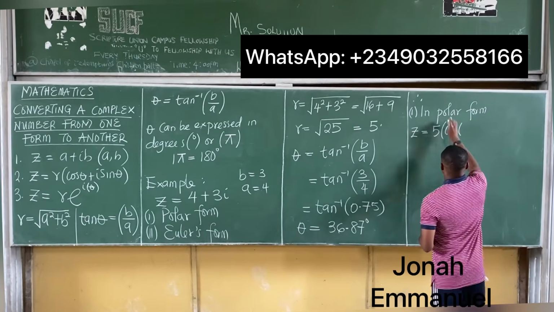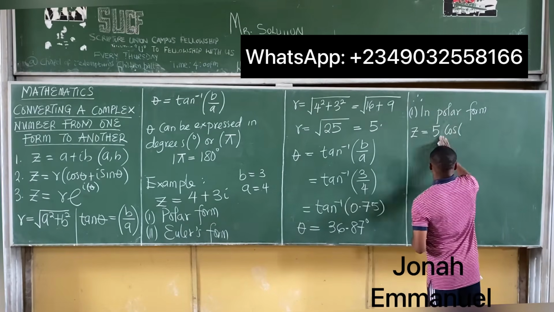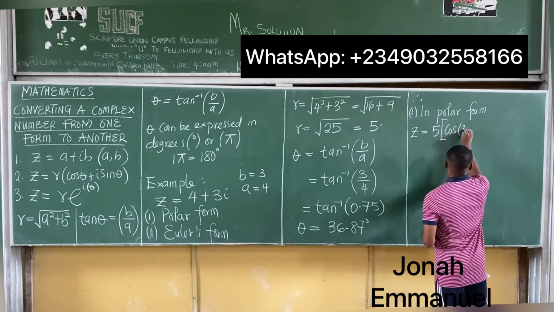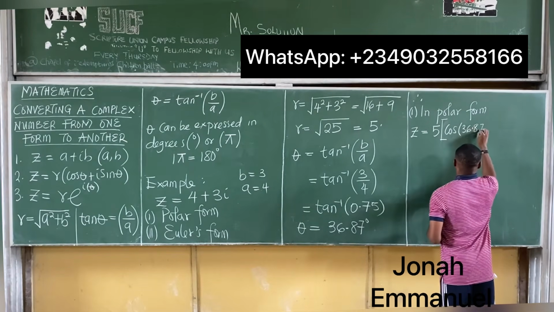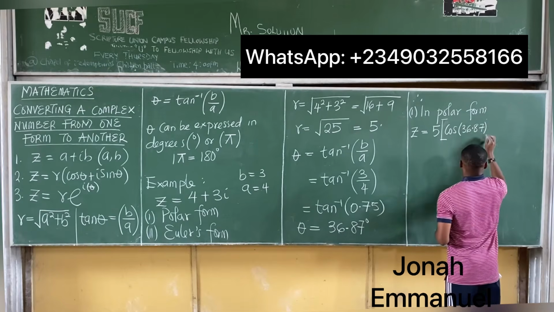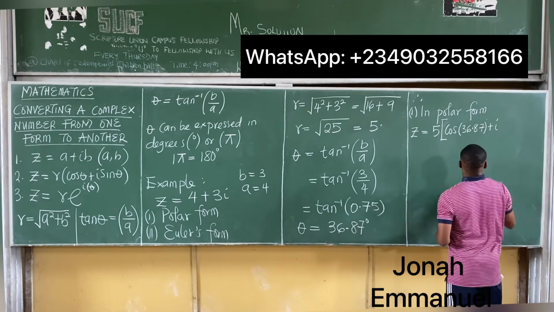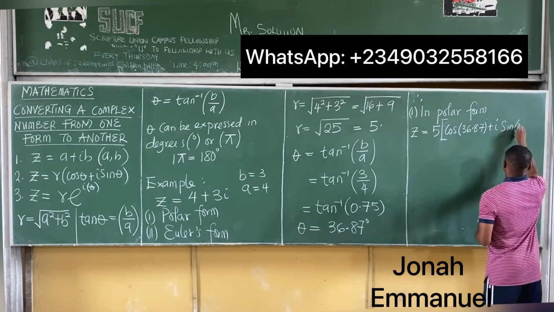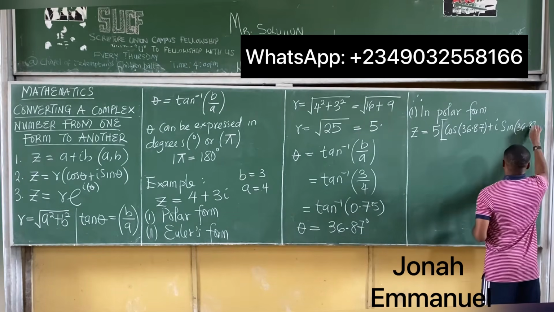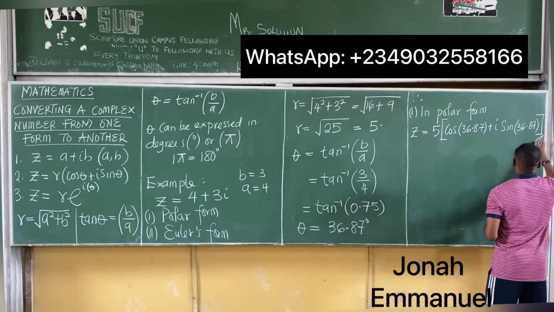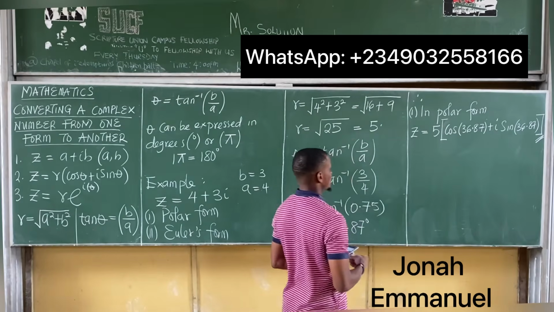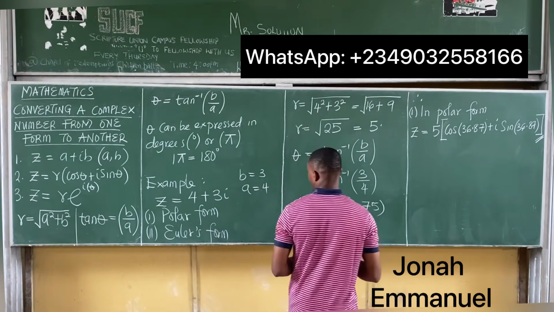Perhaps I want to use a square bracket here. So this becomes the complex number in polar form.